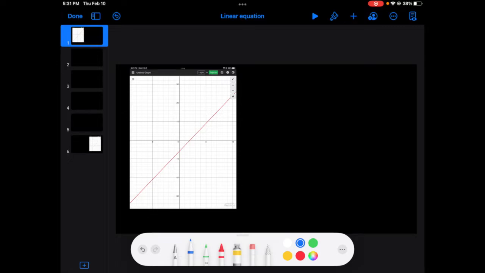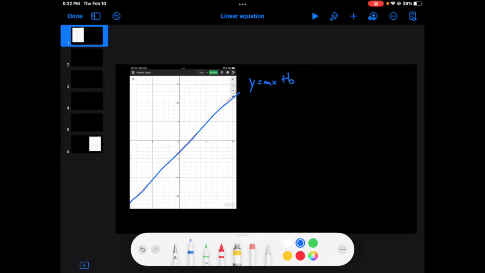So by the time they're done with high school, pretty much everybody has some experience with linear equations. And you can see on our graph, we've got a linear equation that forms this line right here. Now the most famous form of linear equation is y equals mx plus b. This is how we usually talk about it in high school.